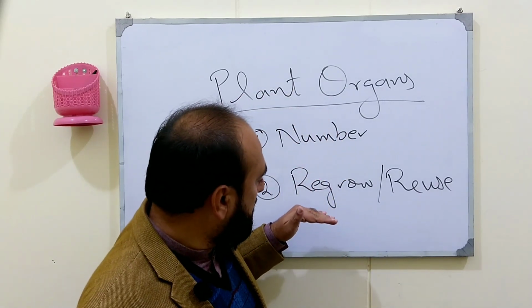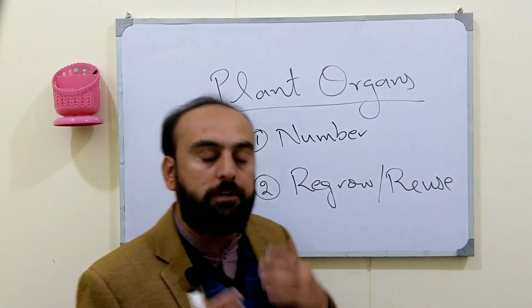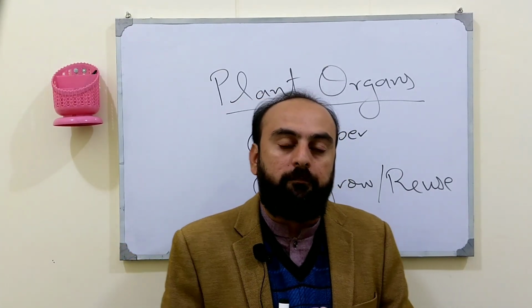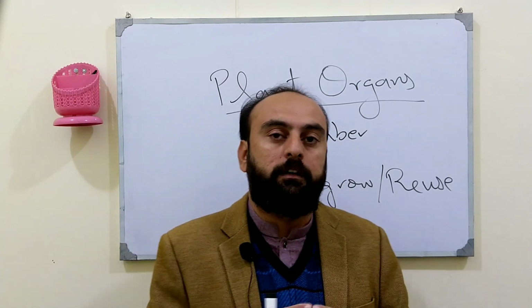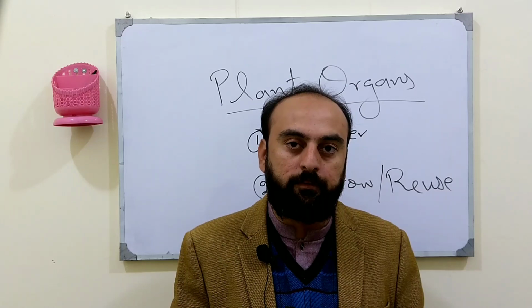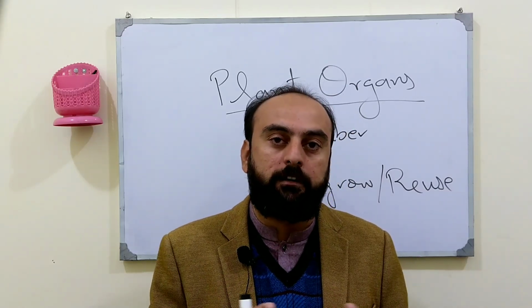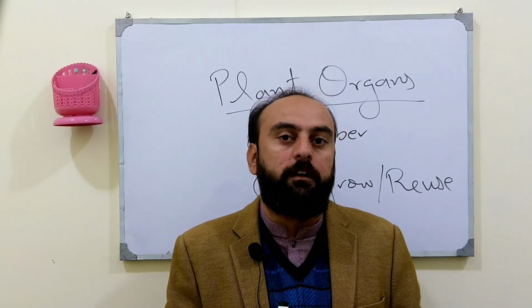And the second and even more important difference is the ability to regrow or reuse them. We humans cannot naturally replace our organs when they lose their functions. For example, we cannot replace our heart or brain naturally.